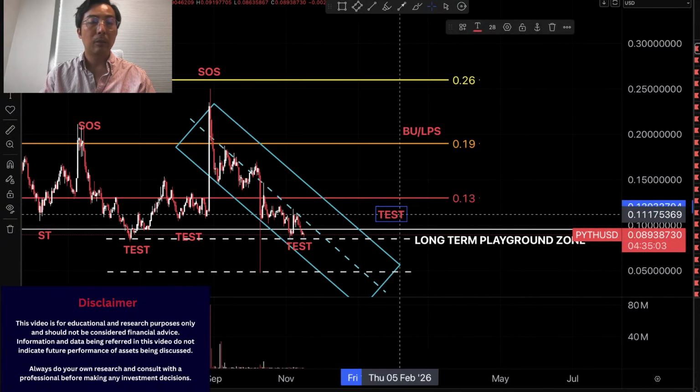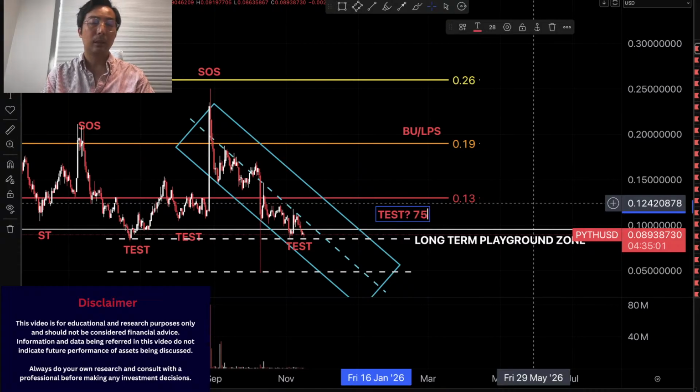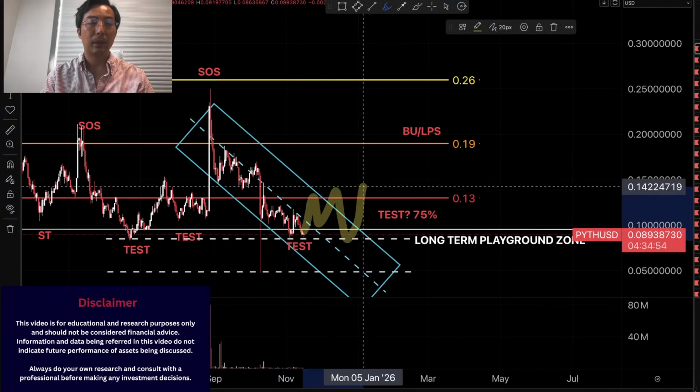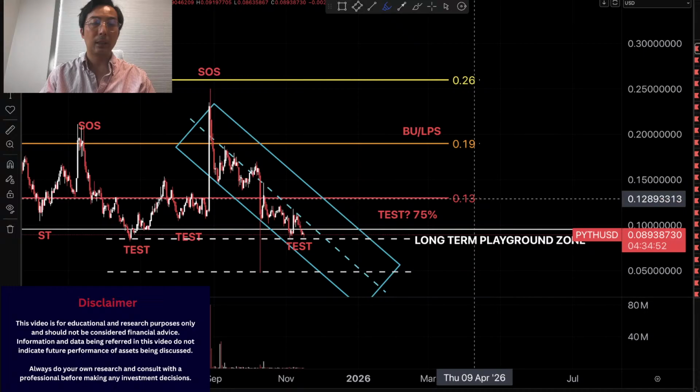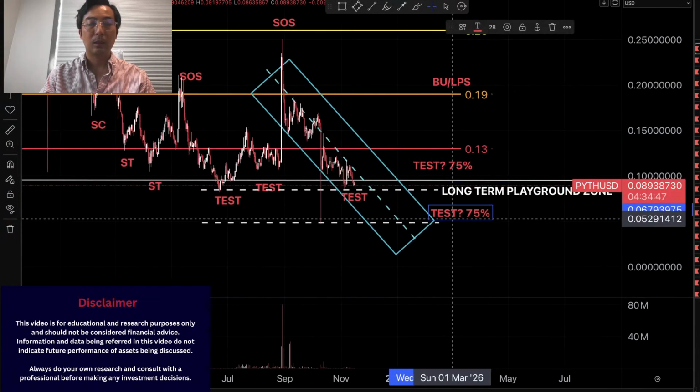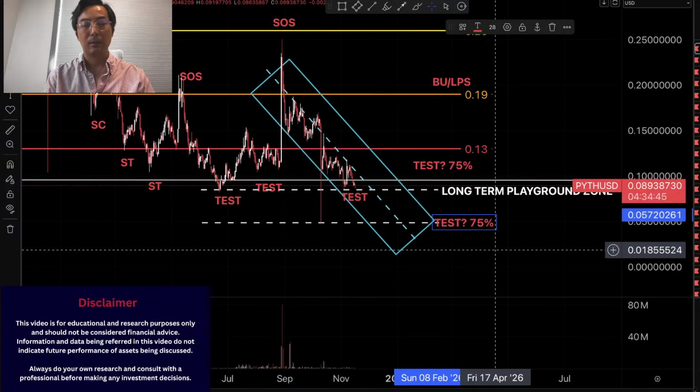If no good news comes out, there is a higher chance that sideways trading may continue. Okay? If bad news appears, then we'll get a spring to the bottom.